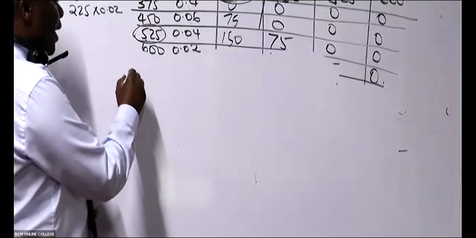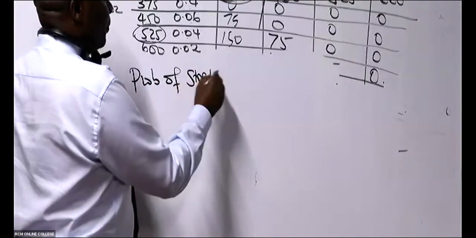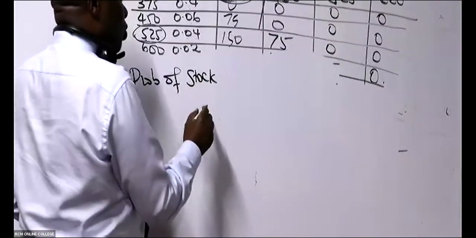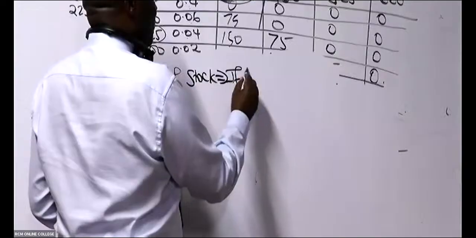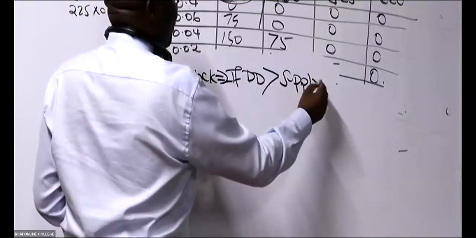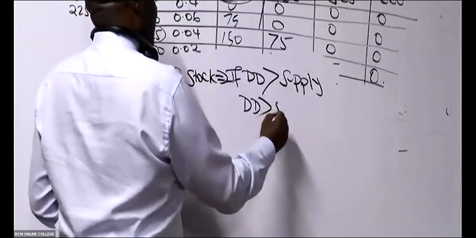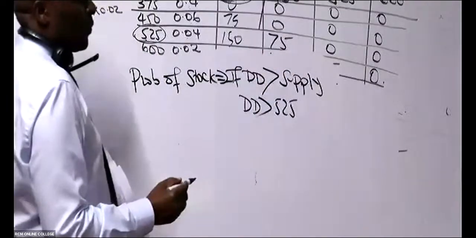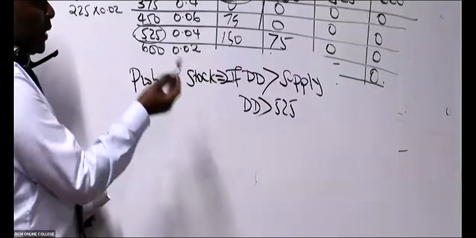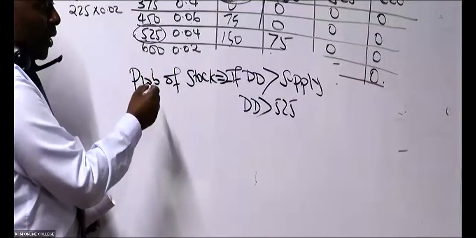In most cases, they will ask you for the probability of a stock out, the probability of running out of stocks. We can only run out of stocks if demand is more than what we have supplied, which is 525. So we have only one possibility of demand being more than 525: demand being 600.